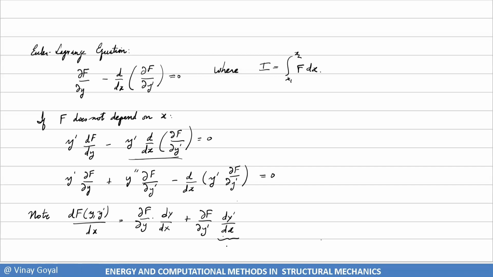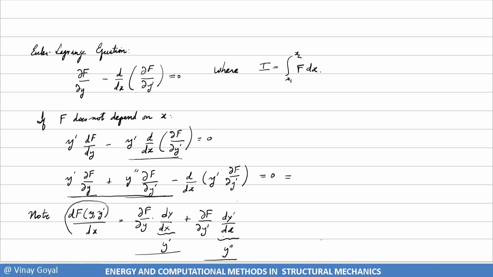It's not necessary. This becomes y double prime, or the second derivative of y. And I want you to notice how this is y prime. So this term right here is that term. This term here is that term. So I can write this equation and plug in for this whole thing.